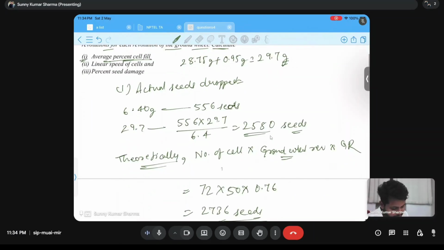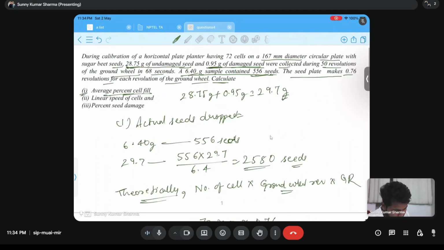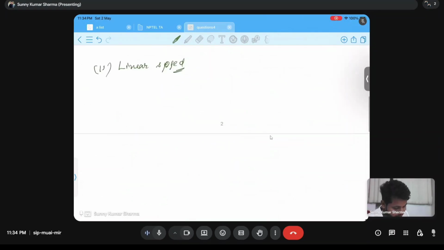The second part is the linear speed of the cell. For that, we need to know the RPM of the seed plate, and from there we can calculate the linear speed of the cell. We need the RPM or RPS, revolutions per second.